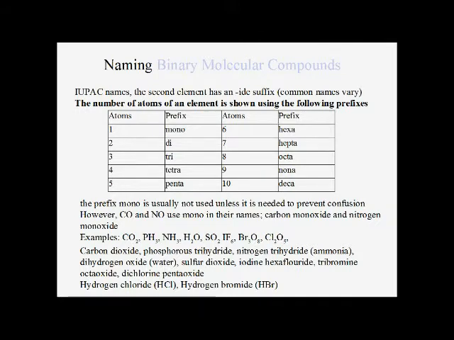And the second element, we're going to change the ending to an IDE ending. This is the same way that we change the ending on the anion of a binary ionic compound. So it's the same convention of turning this more electronegative element into an IDE ending.